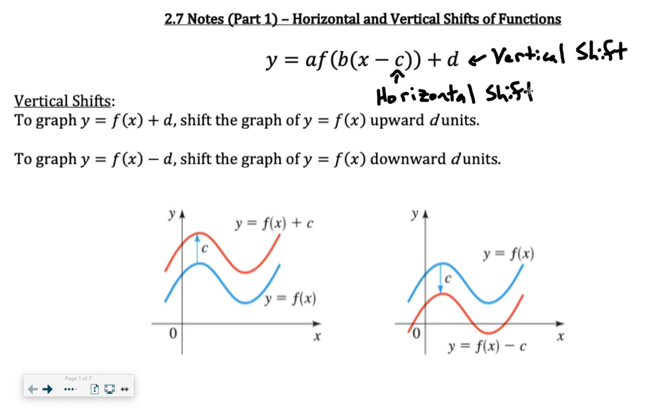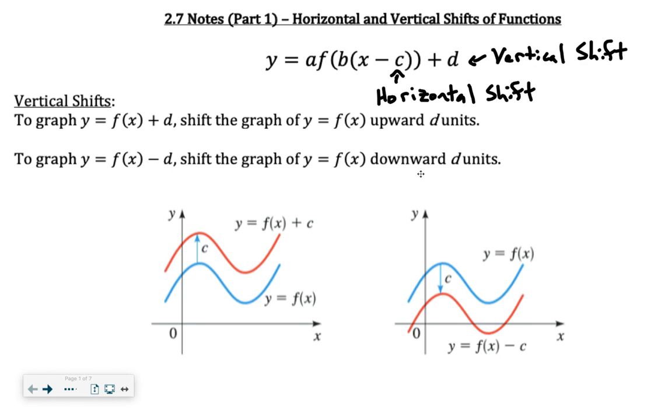So first, let's take a look at vertical shifts. All right, if we are adding a value onto a function, that's going to shift the graph up that many units. If we're subtracting a value, that's going to shift the graph down that many units.